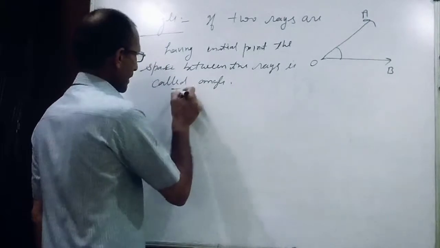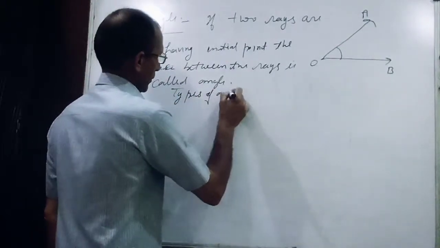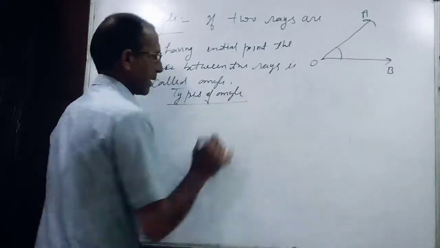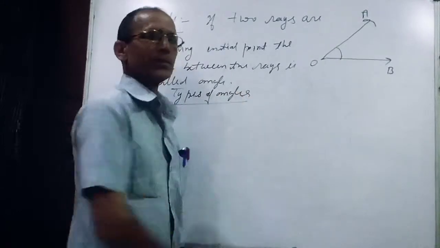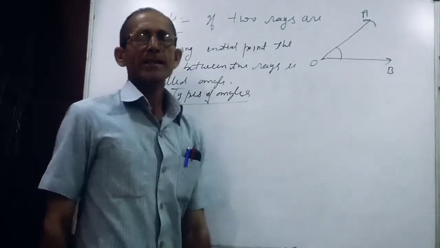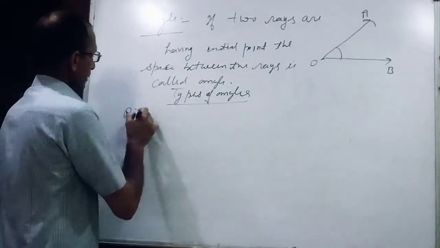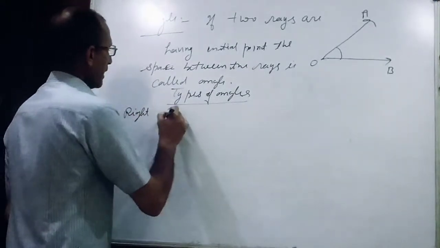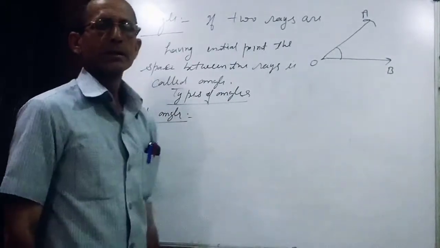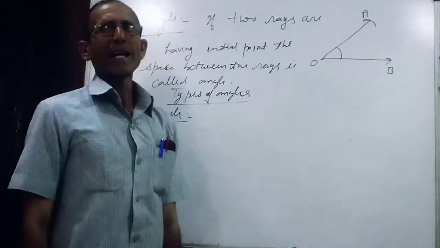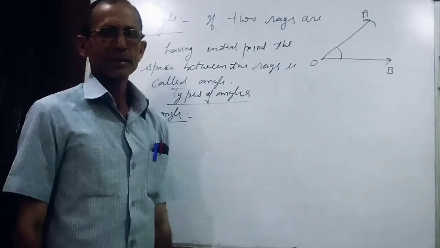Now, types of angles. First is the right angle.